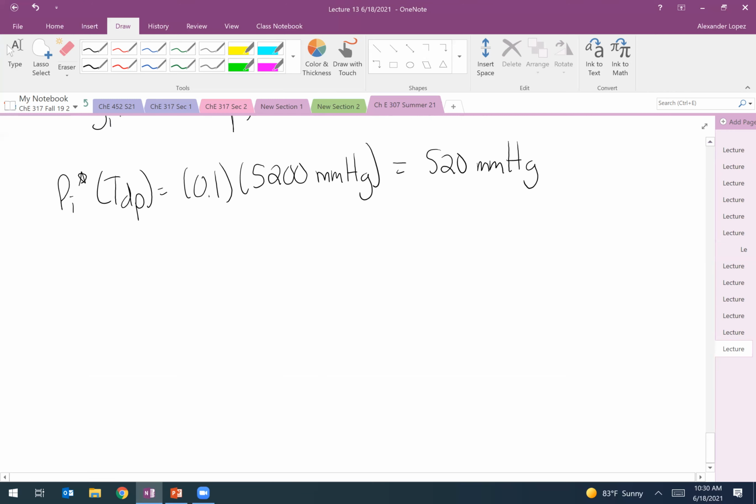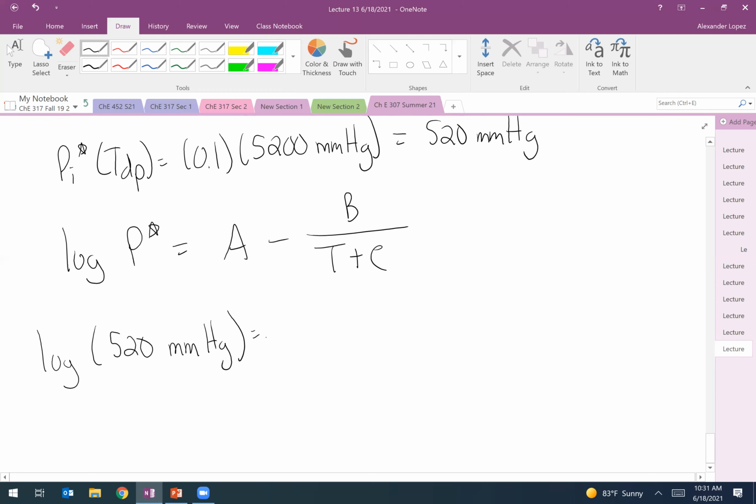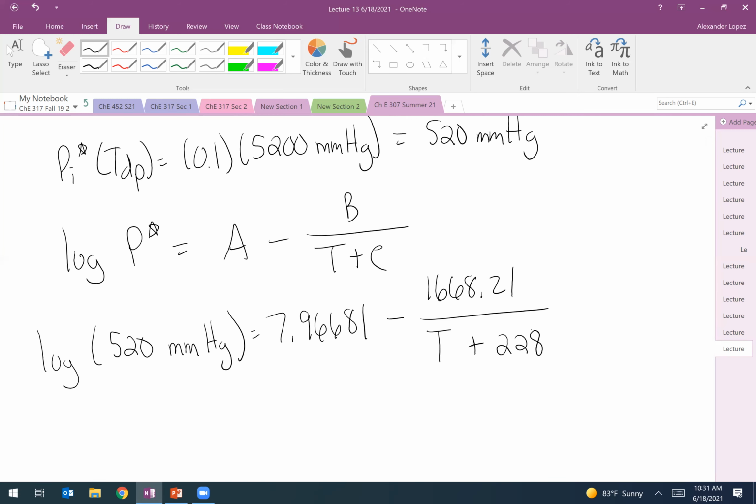For my problem earlier, I said log P star is equal to A minus B over T plus C. Now I have P star and I'm looking for T. So I would say my log of 520 millimeters of mercury equals my constants: 7.96681 minus 1668.21 over my temperature, which is what I'm looking for. Luckily, it's in degrees C, plus 228.